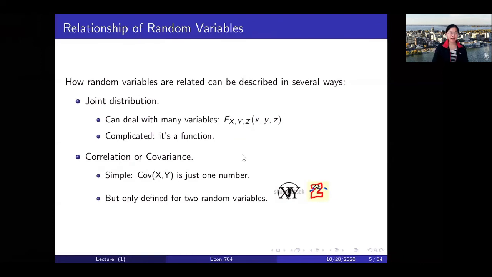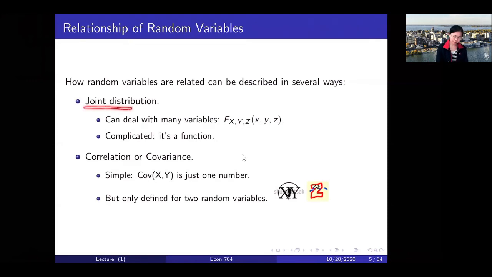How can we describe, how can we study the relationship between random variables? We have learned one way to describe the relationship between multiple random variables, which is joint distribution, or conditional distribution, which is derived from joint distribution.